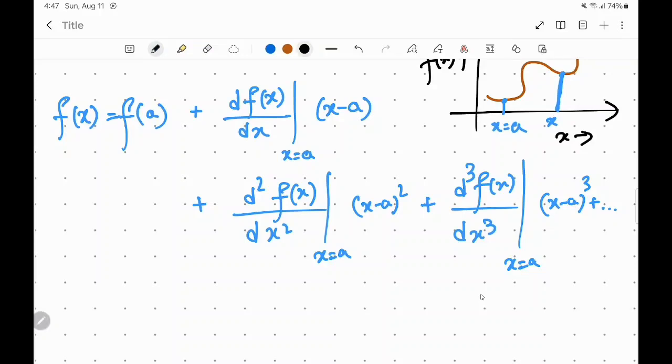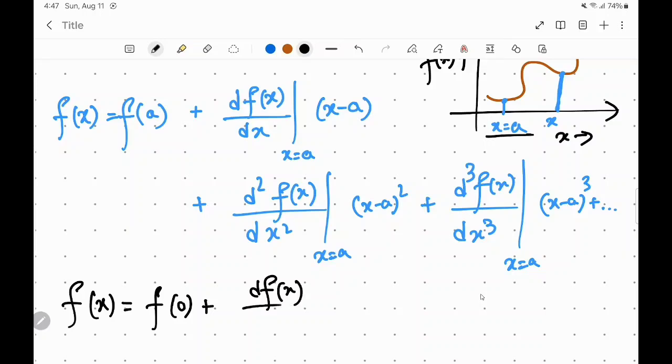Now a can be any point that is known to you. If it is 0, then directly you can write f(x) equal to f(0) plus f dash 0 into x.